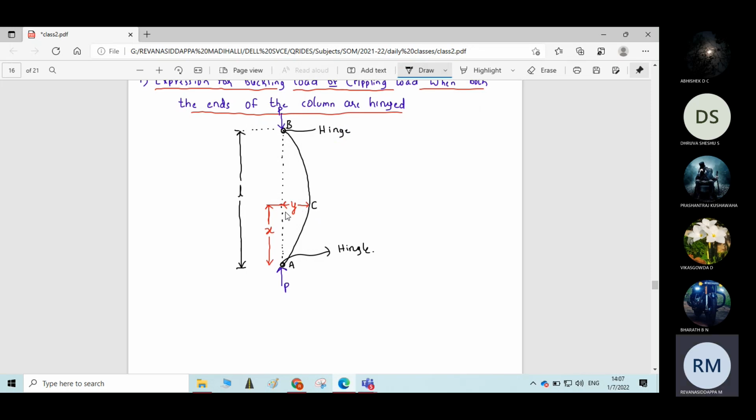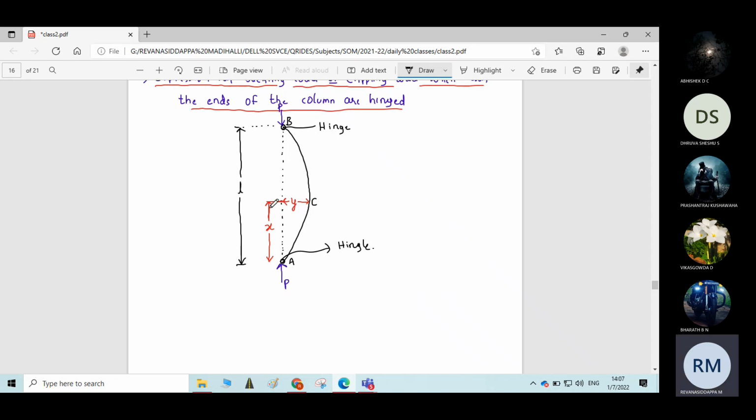This is how we need to draw the diagram for columns with both ends hinged. We have considered a column AB with both ends hinged, and ACB is the deflected shape of the column. For derivation purpose, we have considered a section of the column at a distance x from support A, and at that particular section y is the deflection.